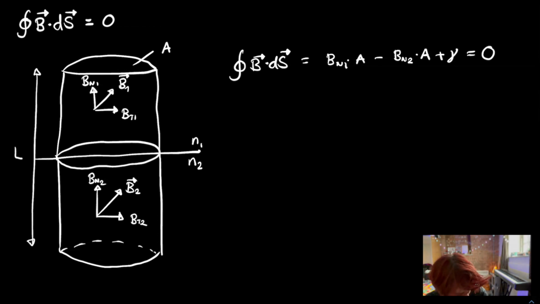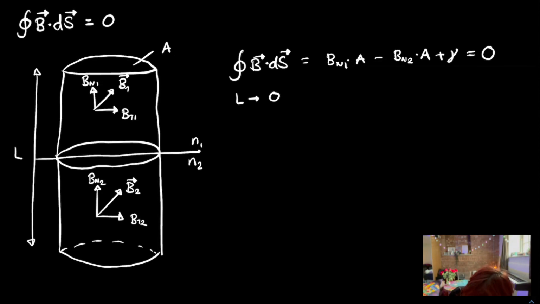Then we do the same trick where we let L shrink towards 0, and that essentially means that the pillbox is literally only going to be a two-dimensional surface. It will shrink towards a circle that's just straddling the boundary between the two media. And so we find that this gamma is going to tend towards 0.